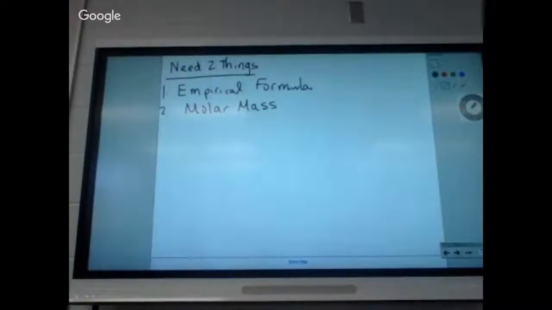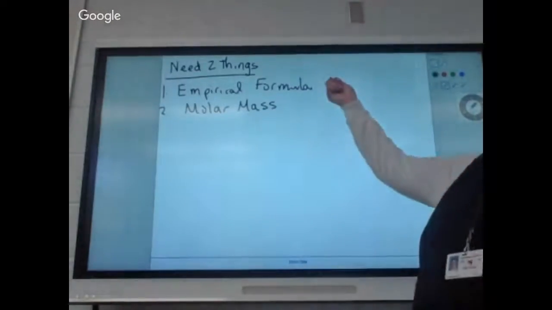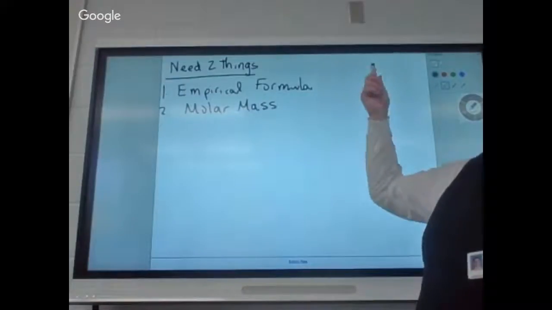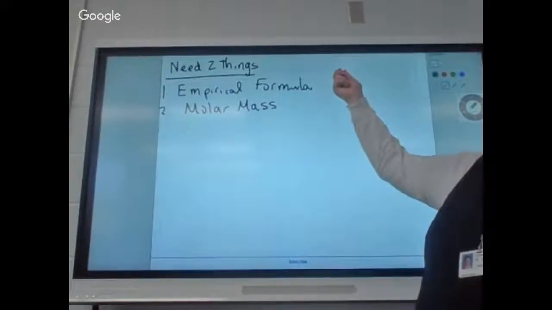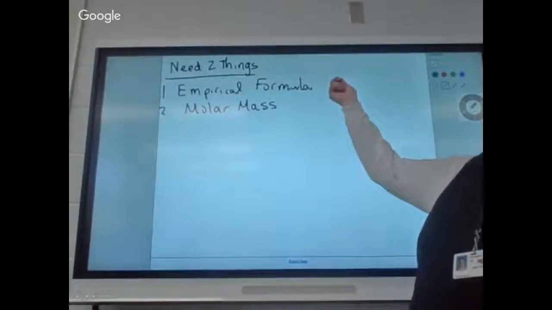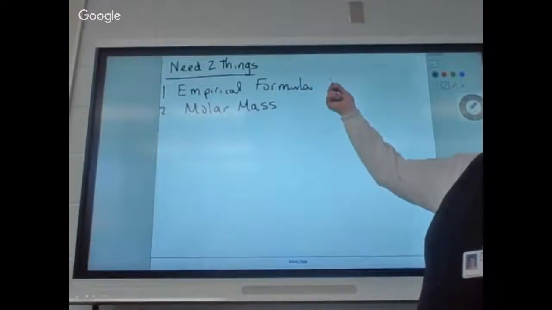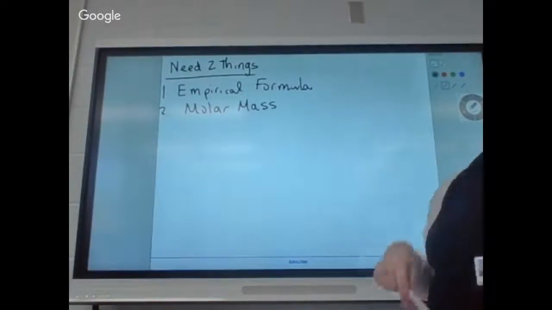All right, now, we're going to start easy because I'm going to give you the empirical formula in the first couple. Because we already know how to find the empirical formula, after we've done a couple where I give you the empirical formula, I'm going to take away the empirical formula and give you the percents, and you're going to have to do this piece first, and then find the molecular formula.